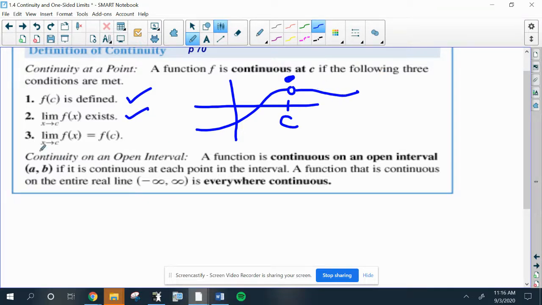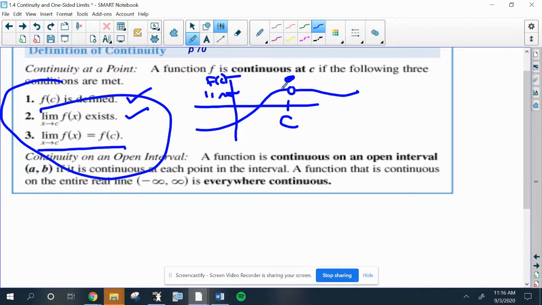Why? Because this isn't true. The limit is this value, right? And f of c is this value right here. That's f of c. This is the limit. They don't equal, therefore it's not continuous. So to be continuous, all three of these have to be true.